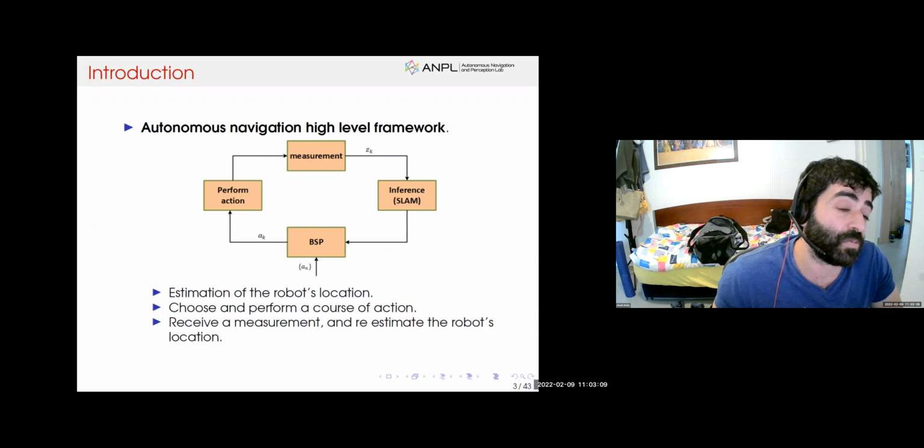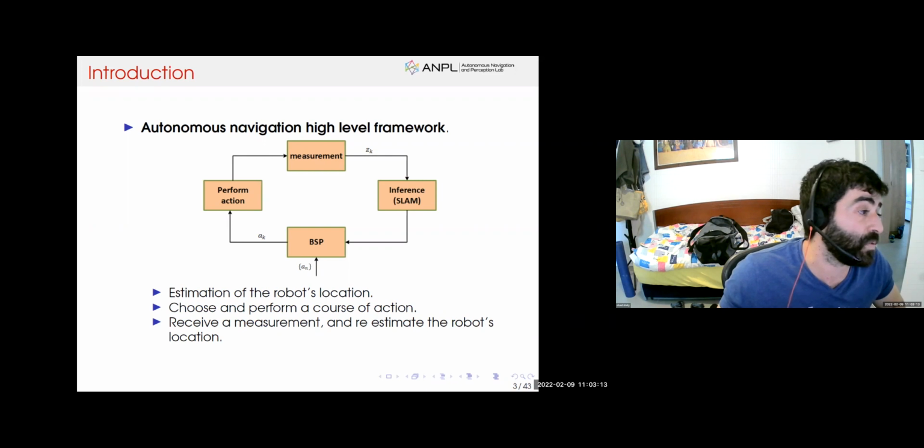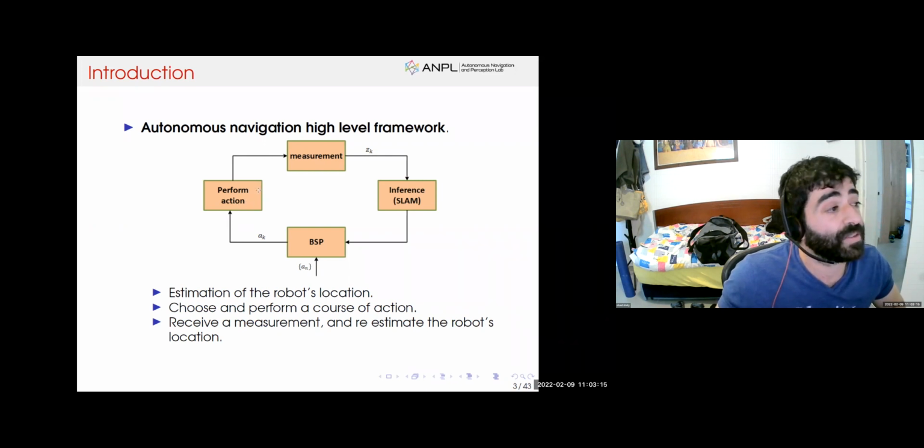After we choose an action, we commence this action, and after that we receive an inference by retrieving a measurement that is resulted from the surroundings we are currently located at.